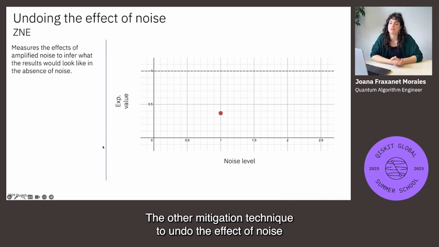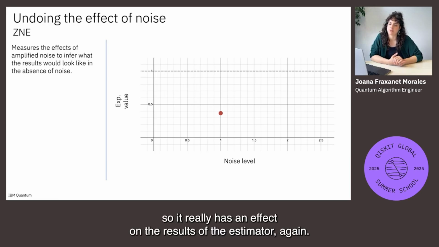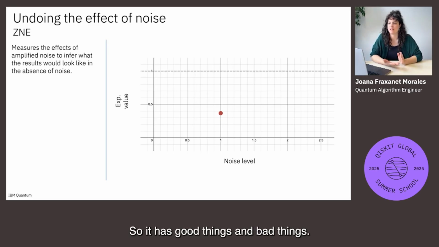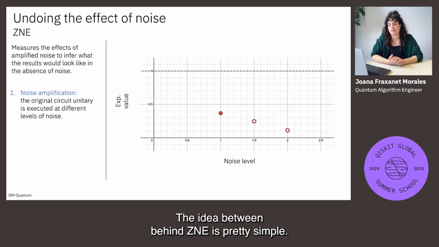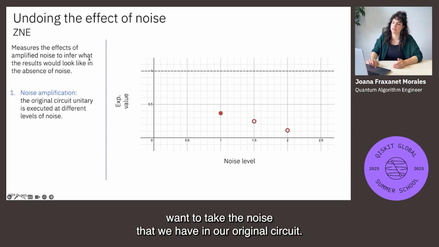The other mitigation technique to undo the effect of noise is ZNE. ZNE really has an effect on the results of the estimator again, but it can also be very unstable. So it has good things and bad things, let's say. The idea behind ZNE is pretty simple. Basically we want to take the noise that we have in our original circuit.